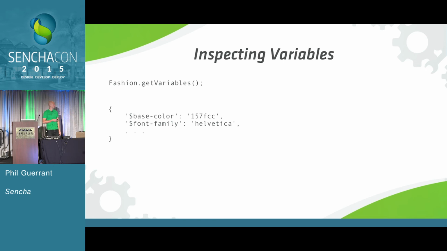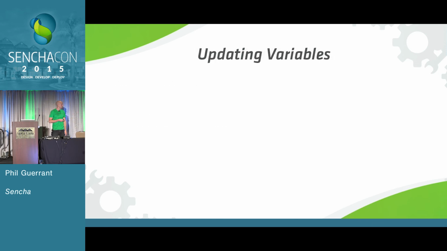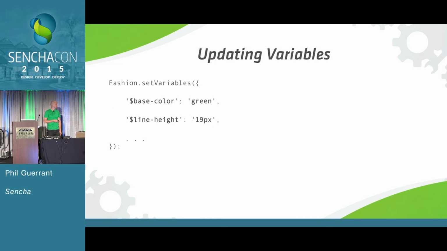And then if you'd like to change those, you can call another function to update them called setVariables. It takes an object of the same form, doesn't have to contain all the variables, just the ones you want to change. And this is, no lie, as simple as it is. This is exactly how Sencha Inspector does its magic to update the variables that you saw in the demo.